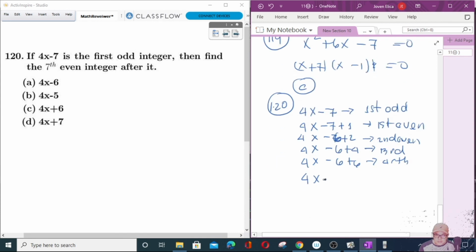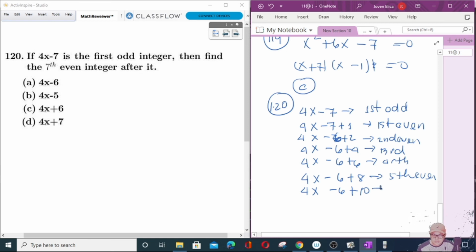And then 4x minus 6 plus 8. This is the fifth even. And then 4x minus 6 plus 10. 10 minus 6 is 4, 8 minus 6 is 2, 6 minus 6 is 0.